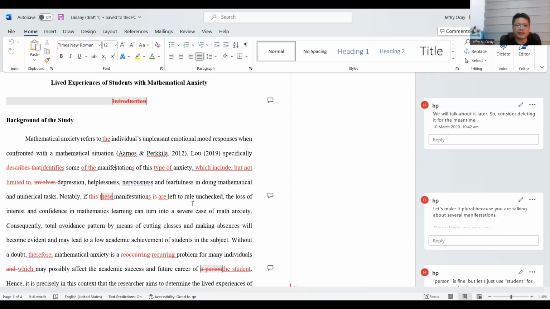But please take note that if you decide to publish your thesis or dissertation in the future, you have to see to it that your name as the researcher appears as the first name in the list of authors if it's going to be a journal article, because the understanding is that the first name that appears in the list of authors in a journal article or a book is the principal investigator.